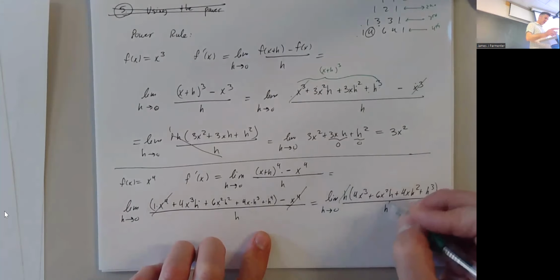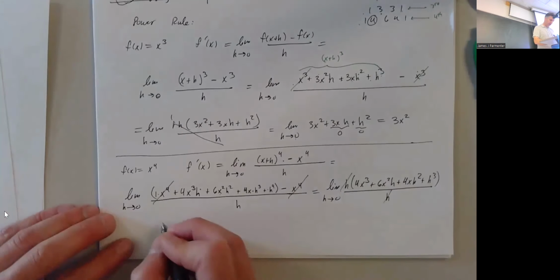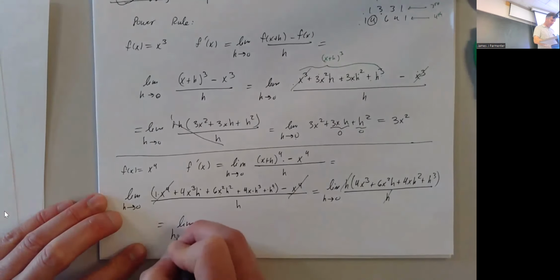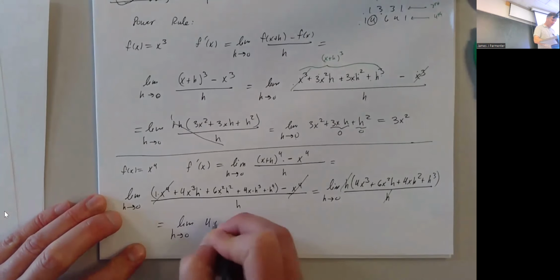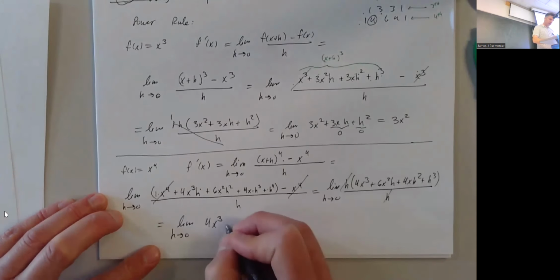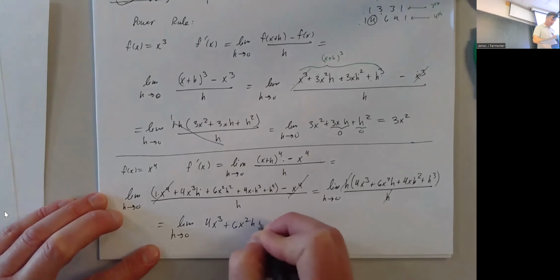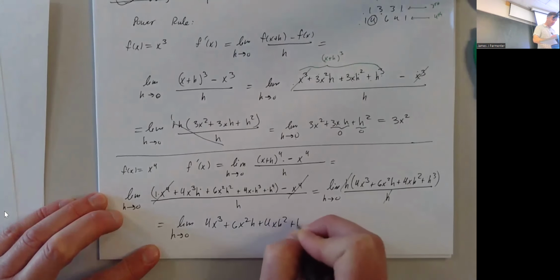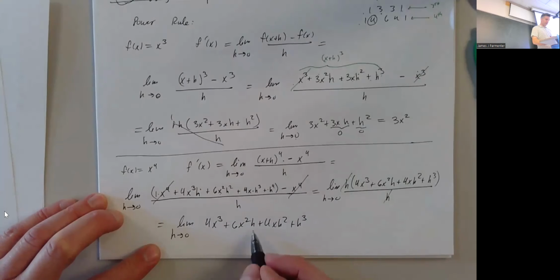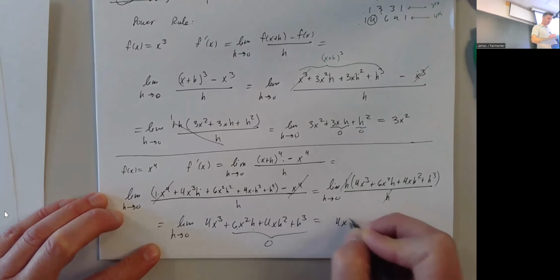These h's divide to 1. And then when we take the limit as h goes to 0 of this one thing that doesn't have an h in it, plus all these other things that do have h's in them, well, all those just become 0. 0 times this plus 0 times this plus 0 is just going to be a big old 0. So we're going to get 4x cubed.